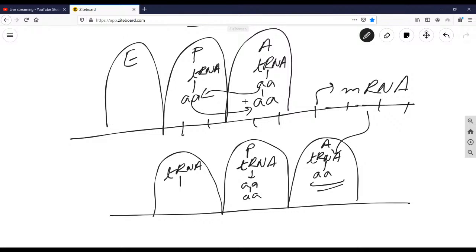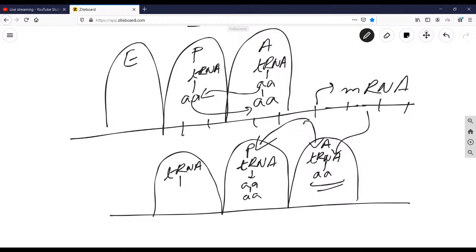So the question is how not to let the initiator tRNA, the first tRNA, enter the A site, how to prohibit its entry into the A site, and how to make it enter only into the P site. That mechanism is governed by IF2.